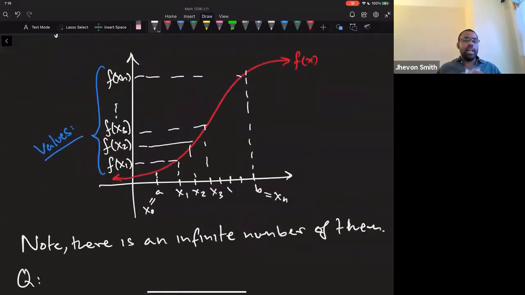So we have all these values and we want to know what is the average of these values in terms of the mean average, right?